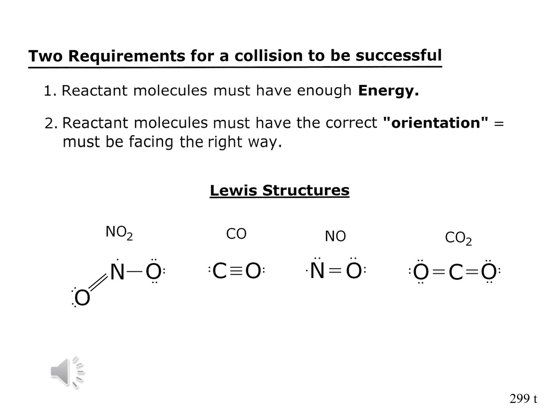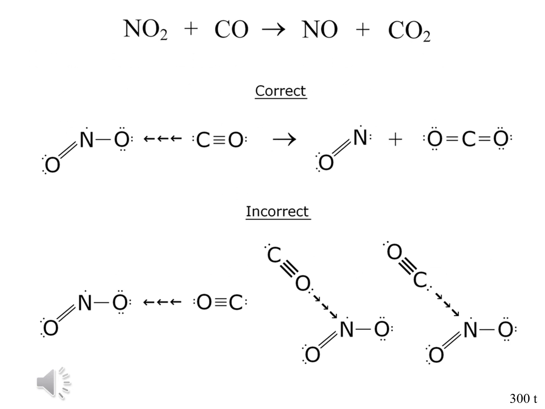And the thing you have to know about it is that the oxygens are on opposite sides of the carbon, not the same side. The reaction that we're going to study is that NO2 and CO just trade an oxygen. So an oxygen goes from NO2 over to CO to form CO2.